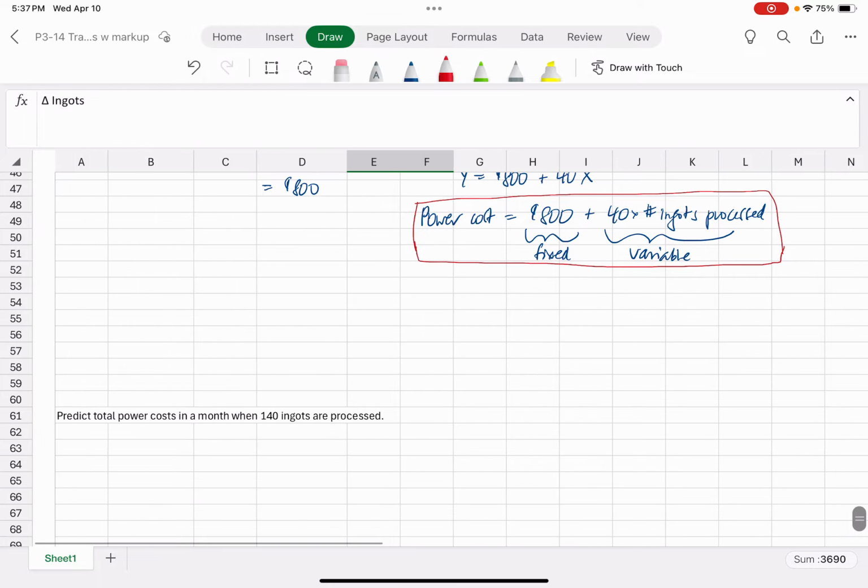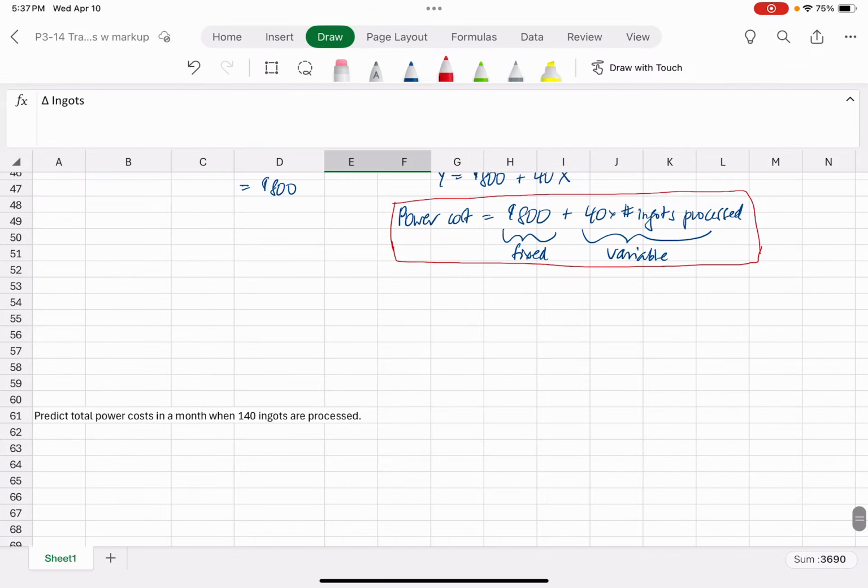Let's go to the last part. Predict total power costs in a month when 140 ingots are processed. Okay, well, I'm going to use my formula.